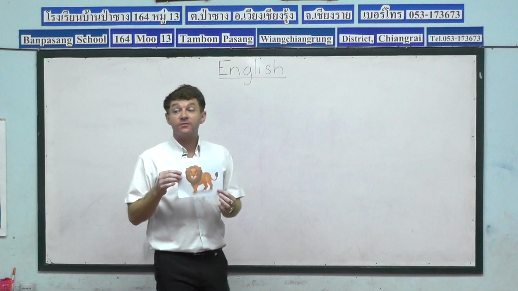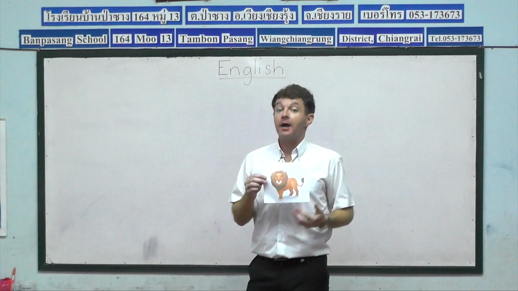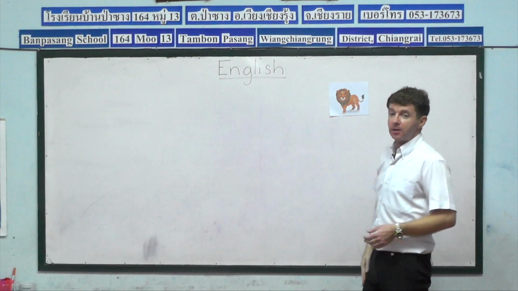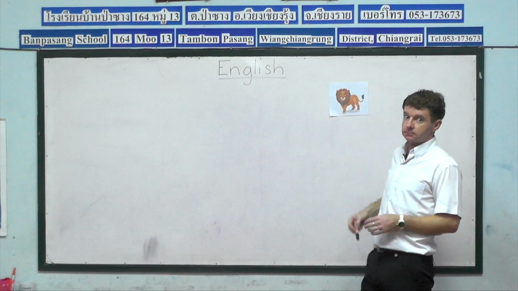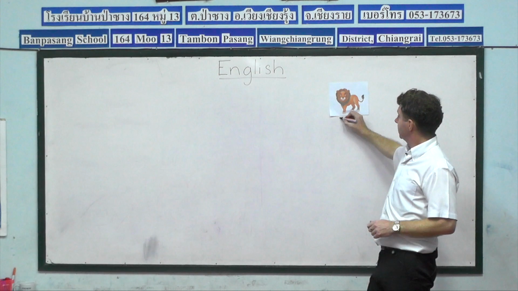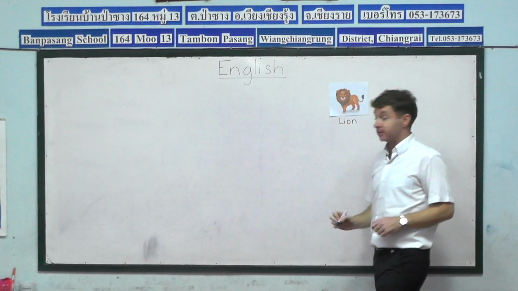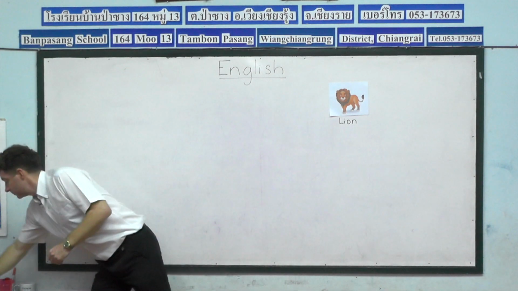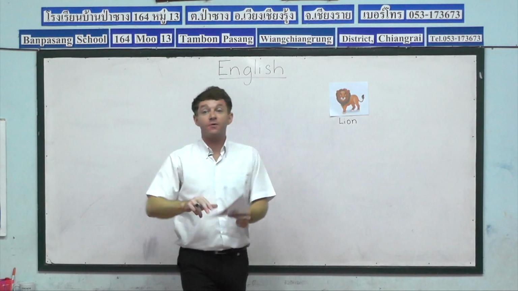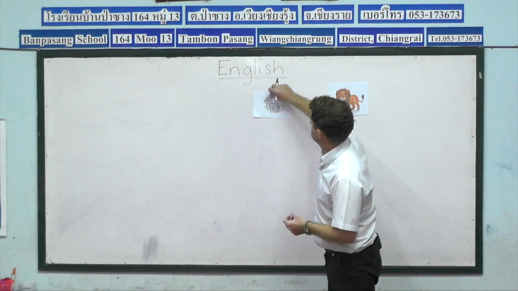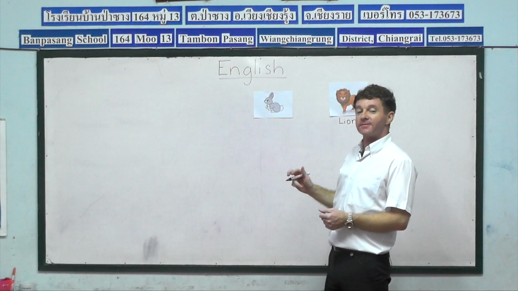Guys, what animal is this? Lion. Okay, so we'll put the lion here. Now, who can tell me, how do we spell lion? L-I-O-N. Okay, very good. So we have our lion. Next, we have our rabbit. How do we spell rabbit?